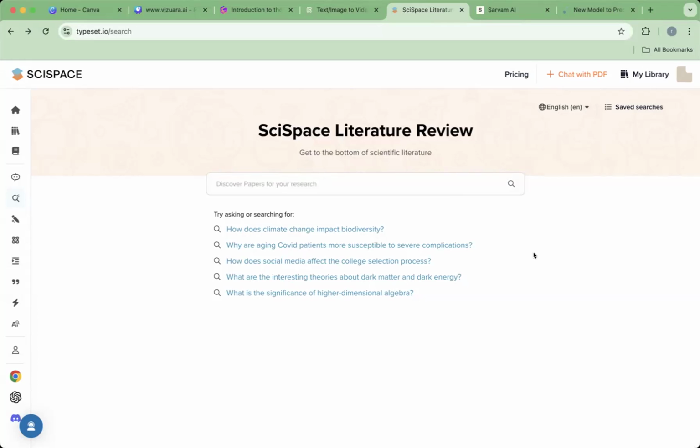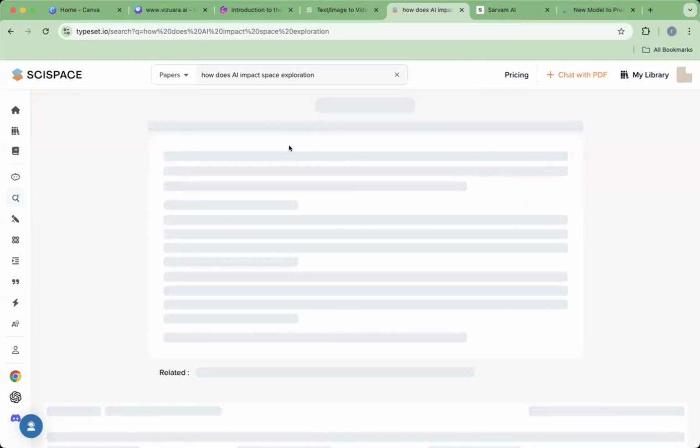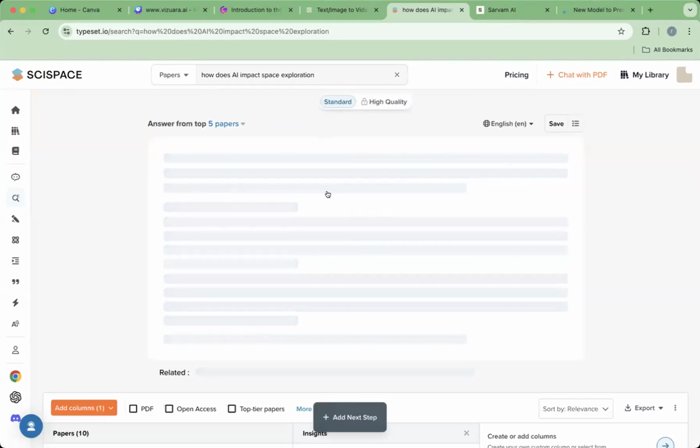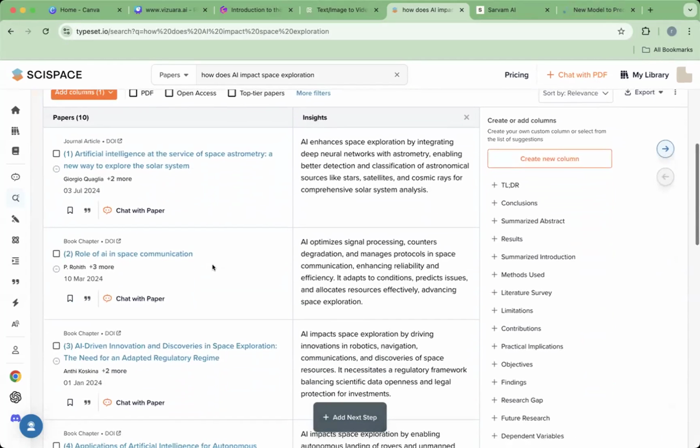It still is to some extent, but because of generative AI, we have made a lot of progress in this area as well. Here you just have to type the name of the field. Let's say I'm interested in how AI impacts space exploration. It creates the list of papers for me, and not just that, it creates the list of insights also.